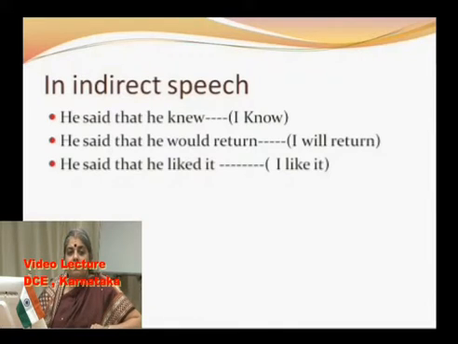When I say I know in direct speech, it is pratyaksha bhashana. When I say it in indirect speech, it is paroksha bhashana. Now, when I say I know, how do I put it in indirect speech? He said that he knew. In which tense is it? It is in past tense.